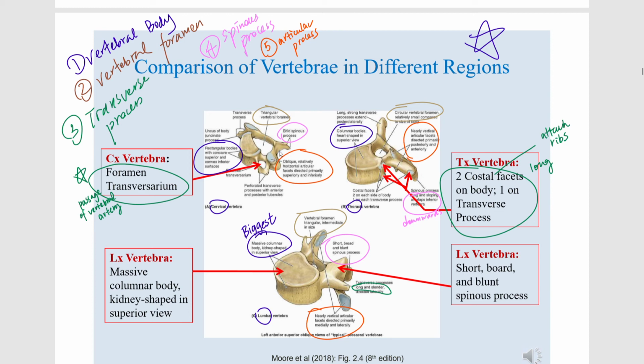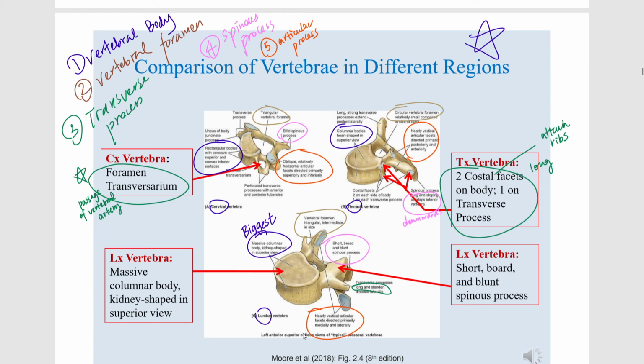It's different from the cervical region I mentioned previously. The articular facet faces the frontal side, and the major point is that it's vertical.